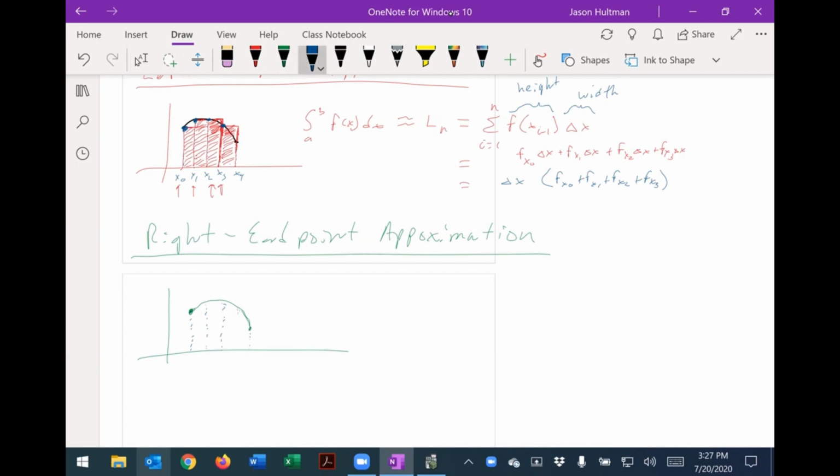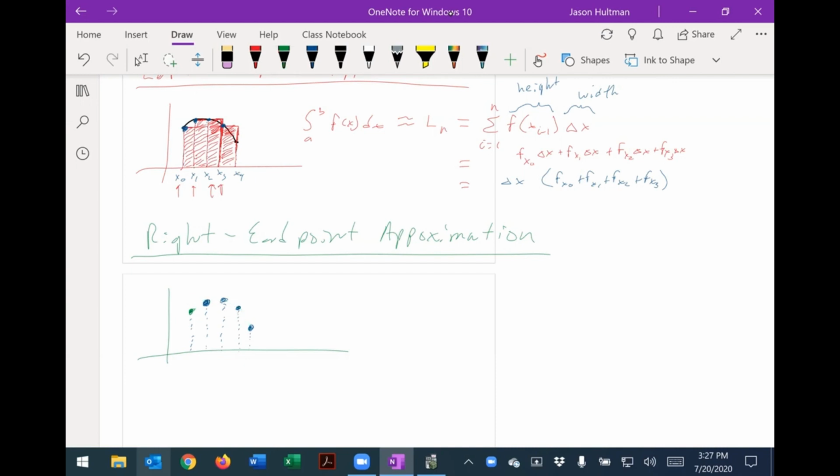Here we're going to use our right endpoints as the heights of our rectangles. And so when we look at this guy, we're going to get this. Maybe I'll use a different color.